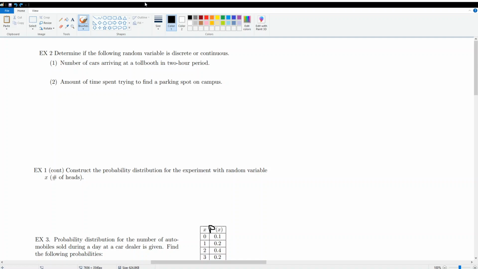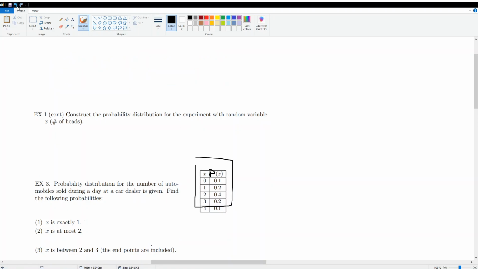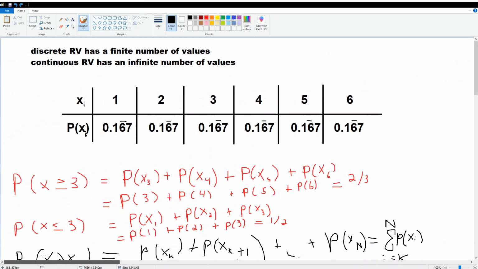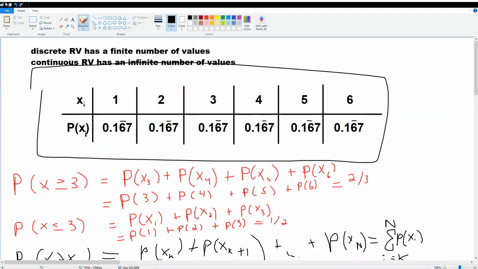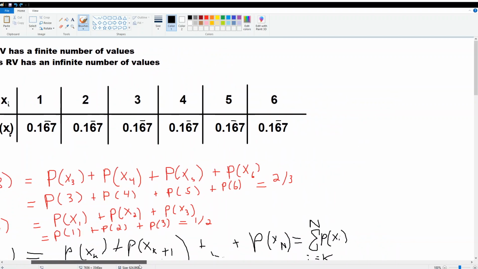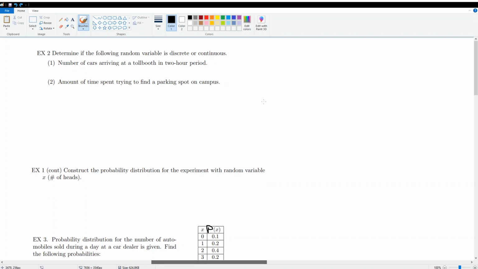And then for our next one, I want you to construct the probability distribution for an experiment with a random variable x, number of heads, basically flipping a coin. You should construct your table. It can be vertical like this one is, or horizontal like this one is. Doesn't matter which, choose whichever one you prefer. I'll give you a moment to do that. You can go ahead and pause if you want to do so.